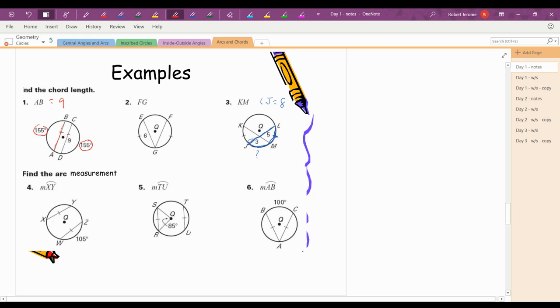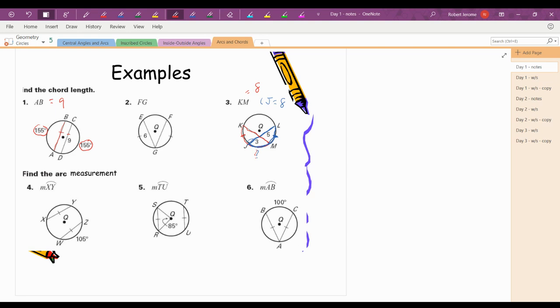Well, here we have another arc cut off by a chord. And again, it's an arc marked 1 plus JM. So since the arcs are congruent, then those chords have to be congruent. So we get another 8. So it's the picture, not the math, that can make things a little bit more challenging.